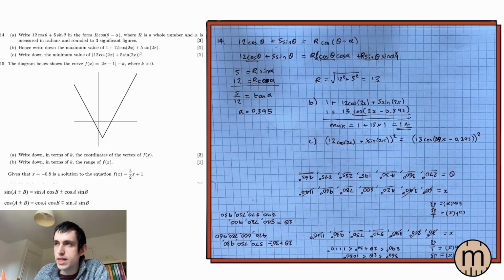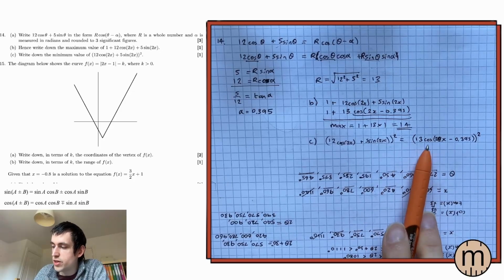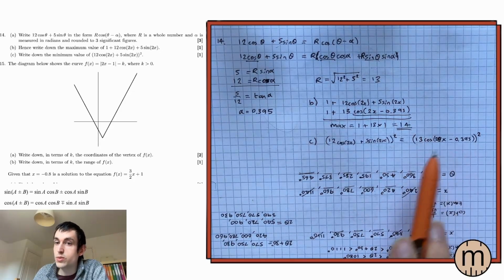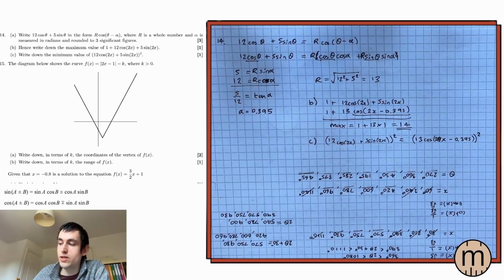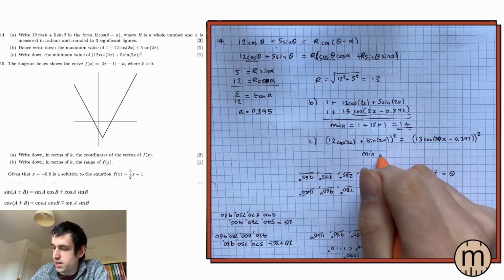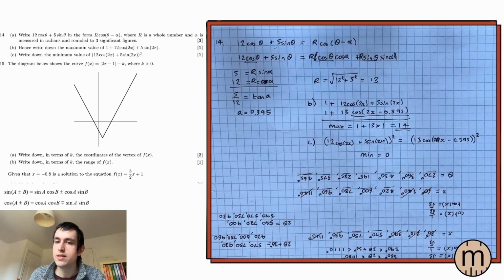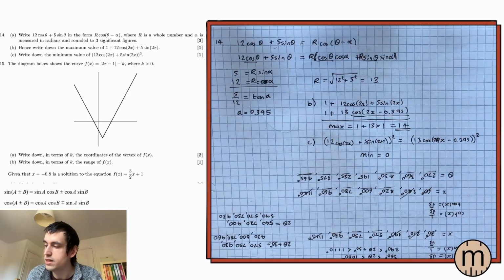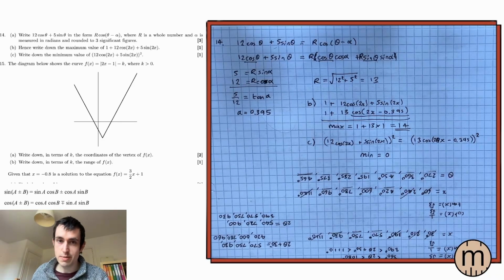Cos goes down to -1, sure, but when you square it, you get back up to 1. So actually, the minimum value is going to be when cos is equal to 0, because when you square 0, you get 0. So it's a bit of a trick question, but the minimum value when you square cos is actually going to be 0. Just putting a tricky question in there for you die-hard math fans.